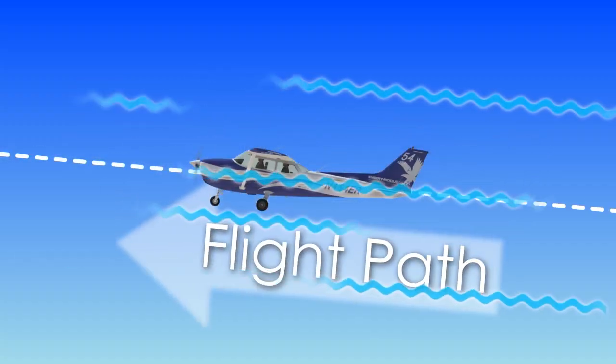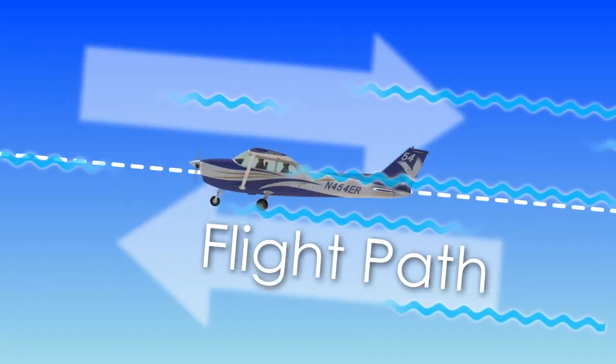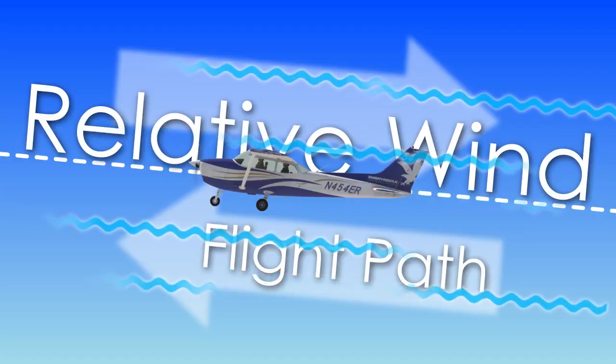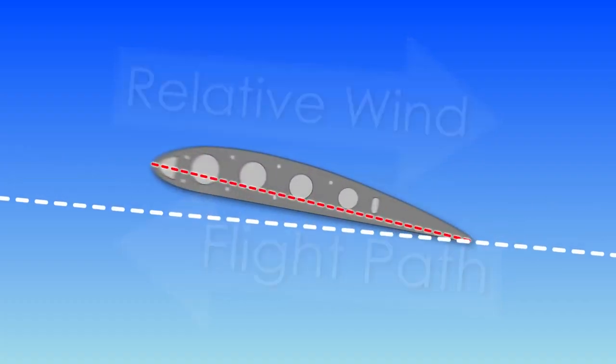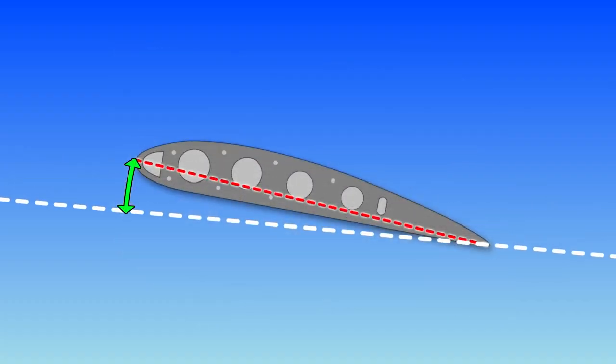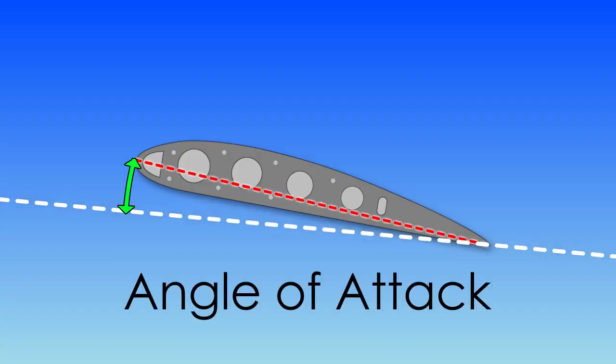The airflow that flows around the airplane as it travels through the air is known as the relative wind. The relative wind is parallel to, but opposite, the aircraft's flight path. The angle between the wing's chord line and the aircraft's relative wind is called the aircraft's angle of attack. The angle of attack is a major factor as to how much lift the wings generate.